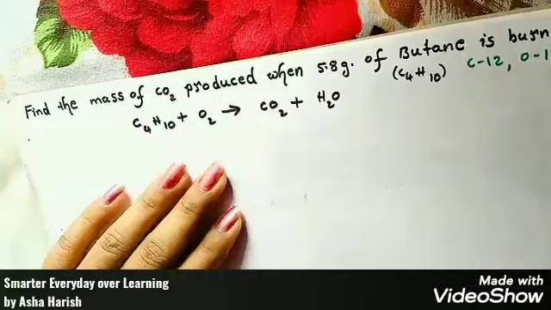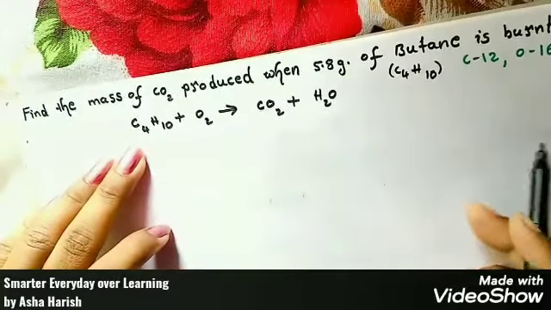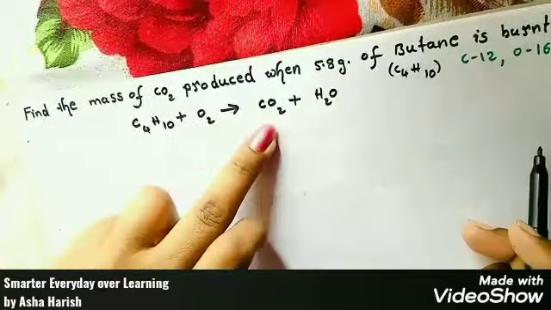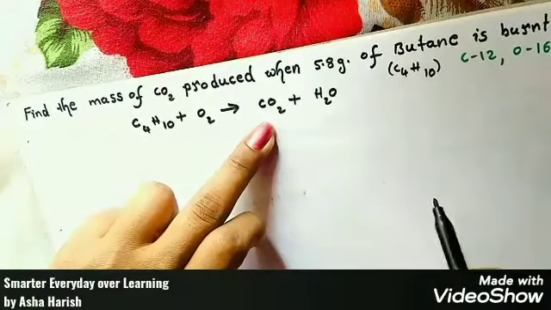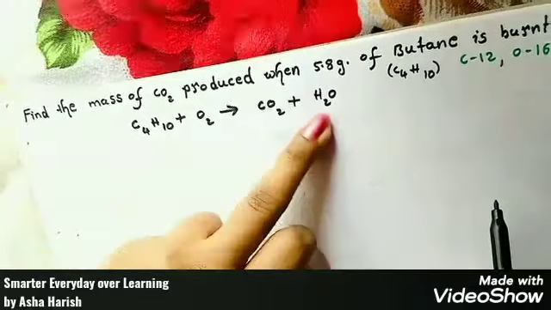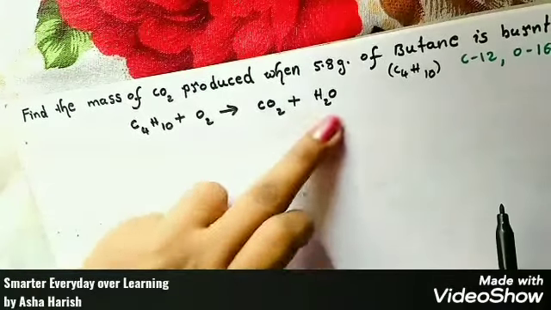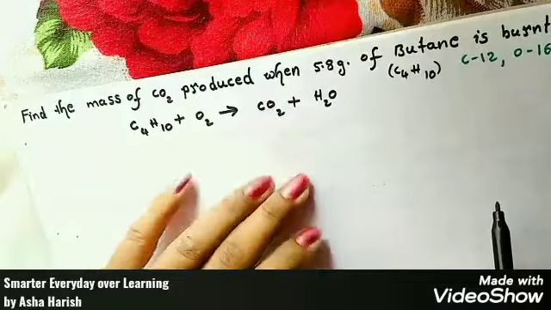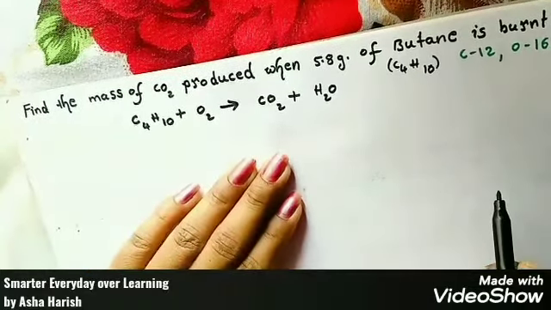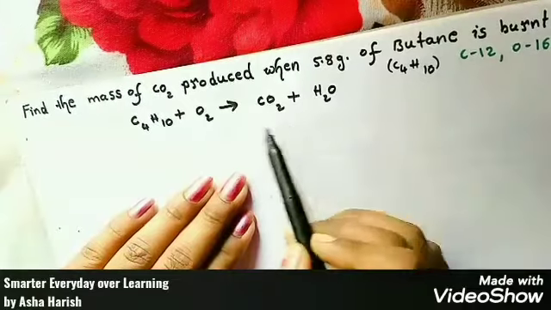So students, if you see this equation, here carbon atoms are 4 on the reactant side, but on the product side only 1 carbon atom is there. Hydrogens here 10, here only 2, oxygens here 2, here 3. So the equation is unbalanced. So students, before going to the solution for this question, you have to balance this chemical equation.